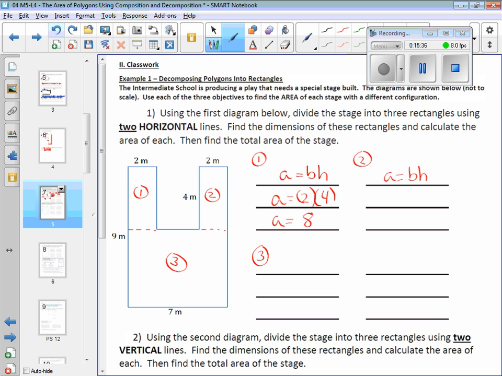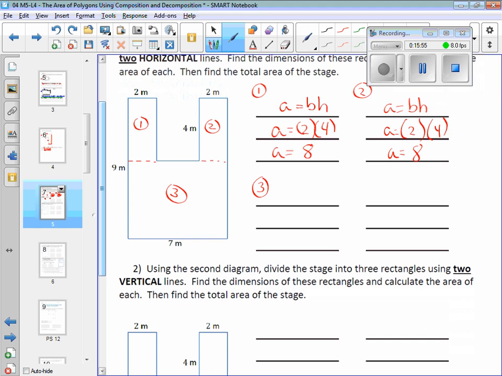The two parts of the castle on opposite sides are equal. So I'm just going to copy it down. That leaves the third piece, our hardest piece. The base is easy.